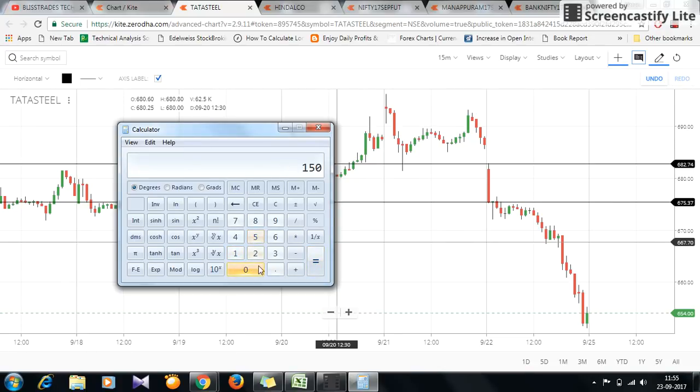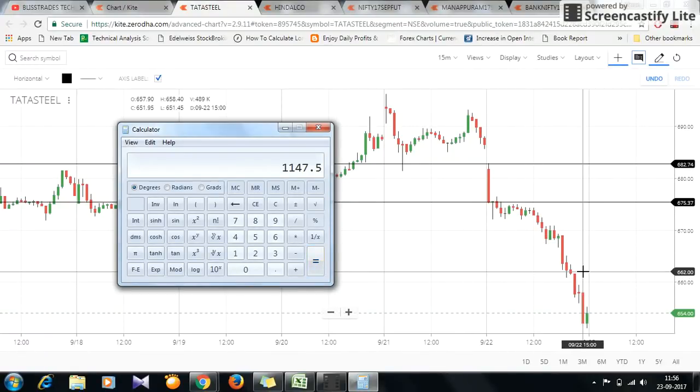Again, we'll cross check. 150 into 7.65, 1147 is my risk. So I know before getting into the trade that 1147 is my risk. I don't know anything about the profits. Profits could be anything, or either I can have the stop loss being hit.